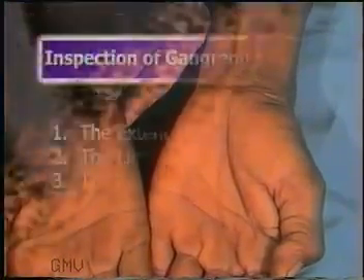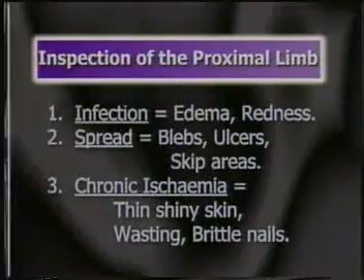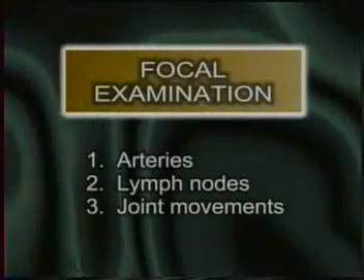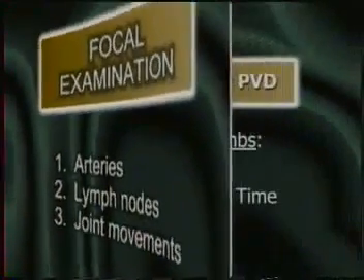To conclude, we started the examination of a case of ischemic limb with a careful inspection of the gangrene and the ischemic limb. Then we examined the arteries, lymph nodes and the movements. We palpated the arterial pulse at various levels and auscultated over it for a bruit.